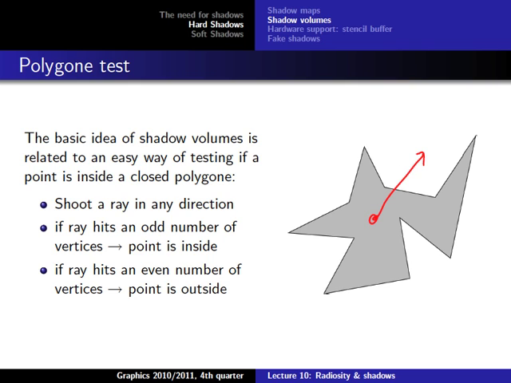So you can see that if we're going from here, no matter where we shoot a ray, we will always get an odd number of intersections, which means it is inside. If it is outside, no matter where we shoot, we will always get an even number of intersections.